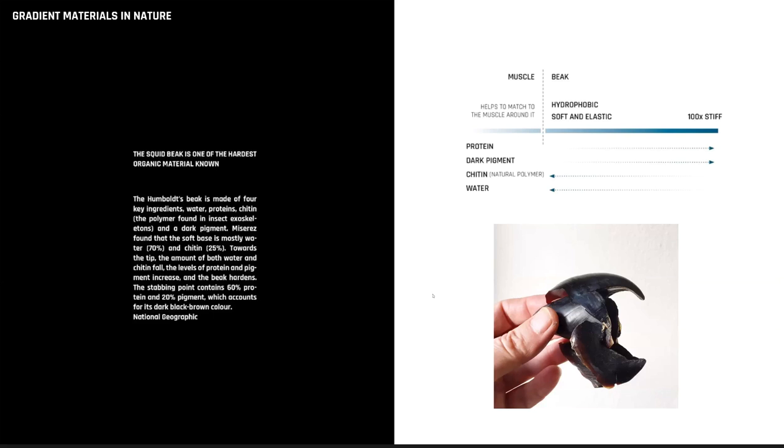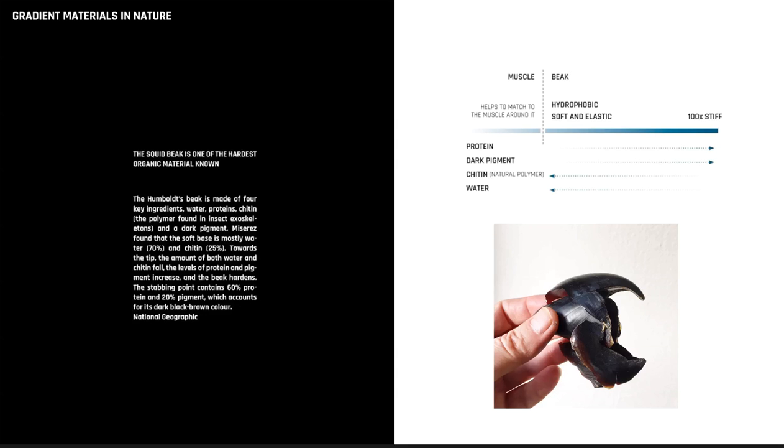A very commonly referred paradigm of organic gradient materials is the squid's beak, which follows very much this idea. It's one of the hardest materials found in nature, and the gradient goes towards the tip of the beak.